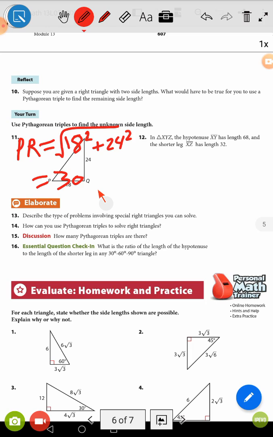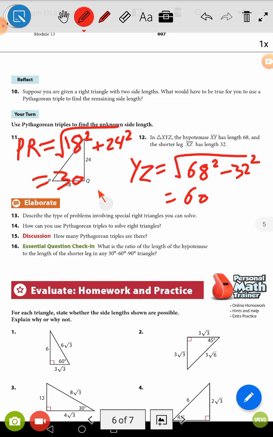And the last one, using the same steps, that is the hypotenuse, the greatest one. So I can find any side using that rule. 68 power 2 minus 32 power 2 equals 60. That is the third side, YZ.